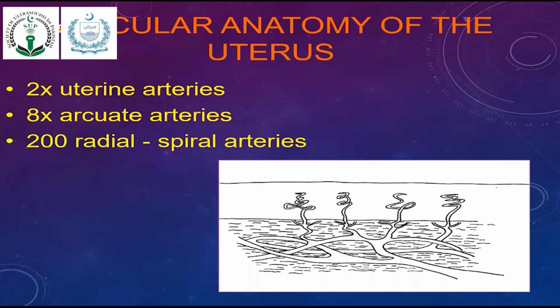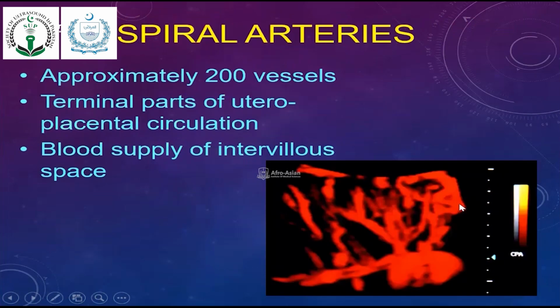There are 8 arcuate arteries and 200 radial and spiral arteries. These are the spirals which go up to the endometrium. This is 3D power Doppler for spiral arteries. Approximately 200 vessels are the terminal parts of the uteroplacental circulation; the blood supply of the intervillous space is by spiral arteries.